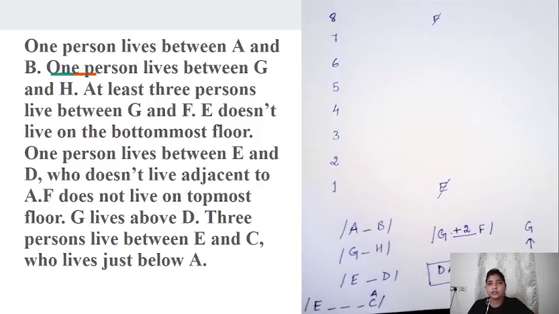Here is the question, and we'll see how to write the conditions. We know it's an 8-floor puzzle, and it is given that the ground floor is numbered 1, so we write 1, 2, 3 till 8. We write it this way because it is said in the puzzle.